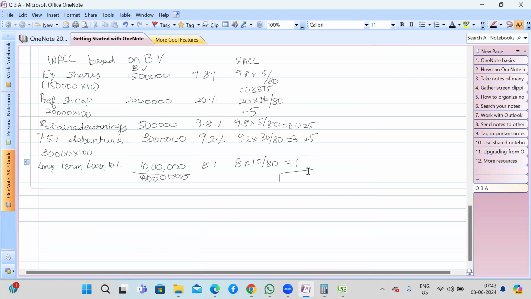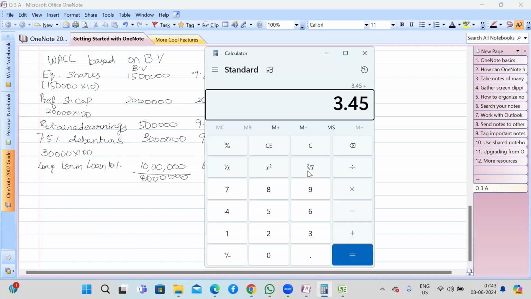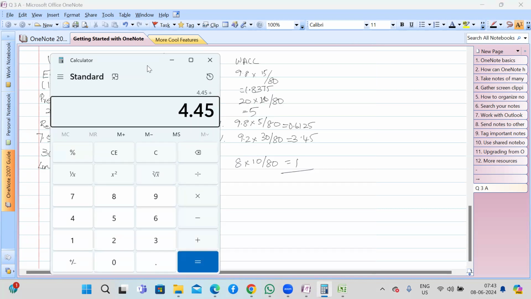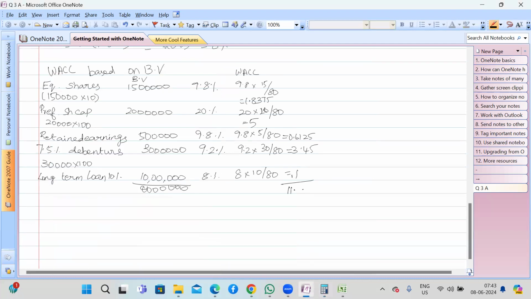Now I am adding up everything: 3.45 plus 1 plus 0.6125 plus 5 plus 1.8375, which comes to 11.9 percent. This is based on book value.